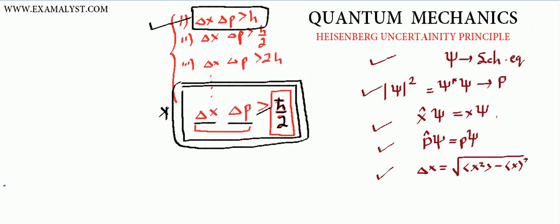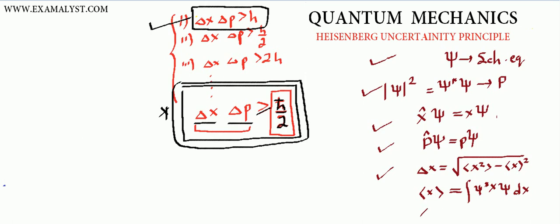This is what we have already studied. Similarly, we have studied what the expectation value of x is. The expectation value of x equals the integral of psi star, put x in between psi star and psi, dx. So this is the expectation value of x.